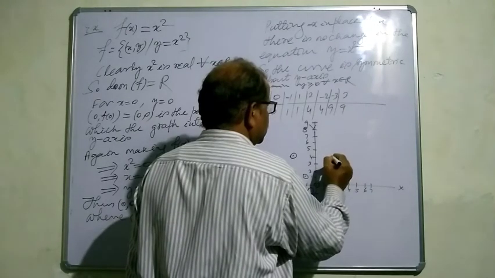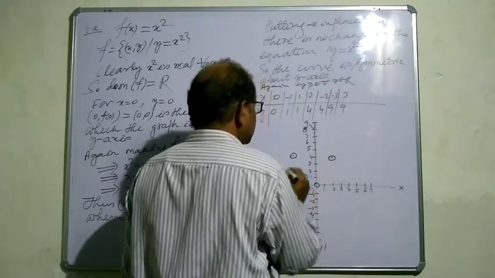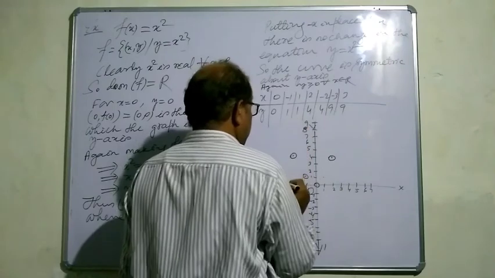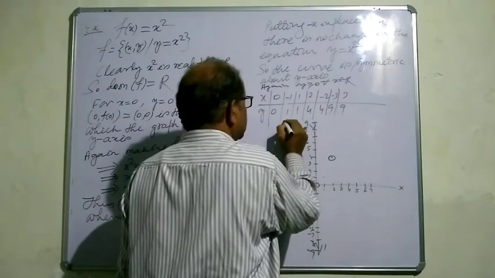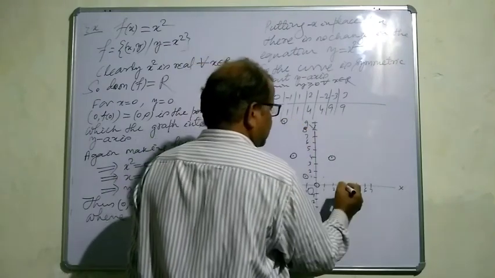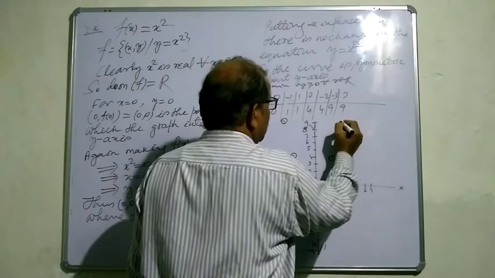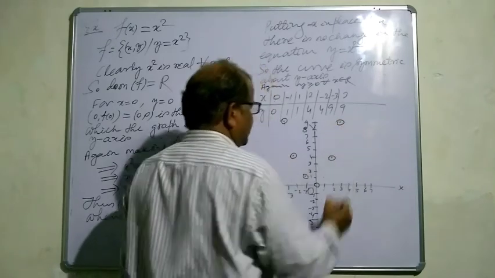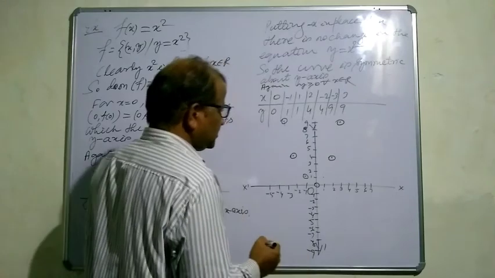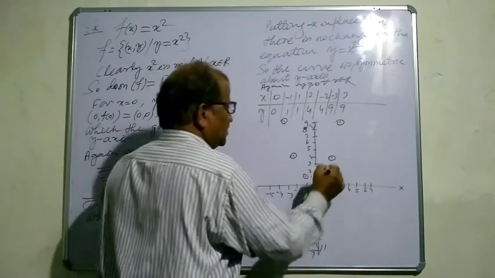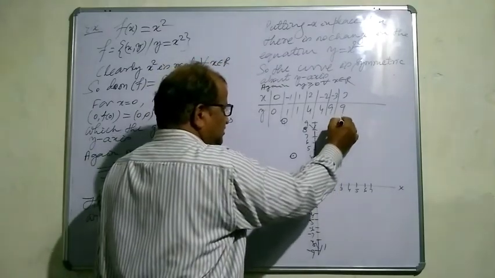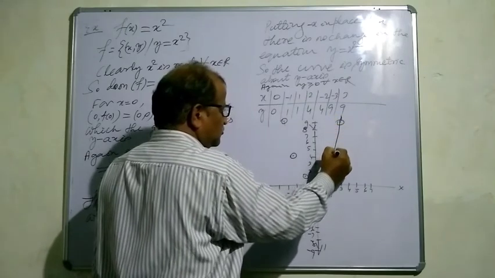Yes, it is here. Then minus 3. Vigorously it is rising, right? 3 is also 9. Now we will join these points with a smooth curve.